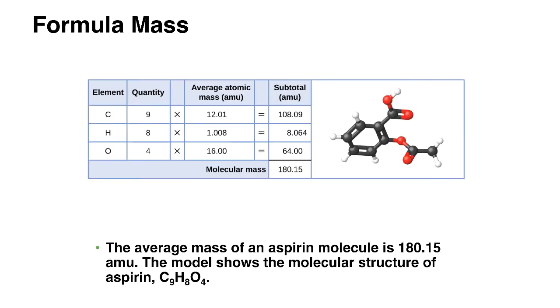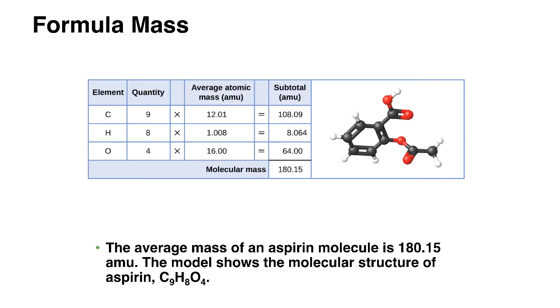Now let's look at another example. Here is a compound, which again the slide tells you is aspirin, and aspirin's formula is C9H8O4, and so it has 9 atoms of carbon, 8 atoms of hydrogen, and 4 atoms of oxygen.